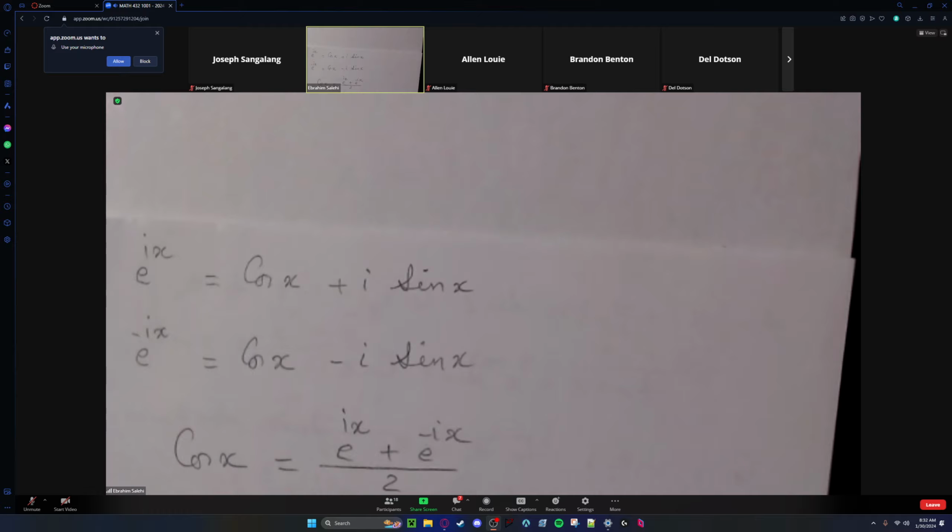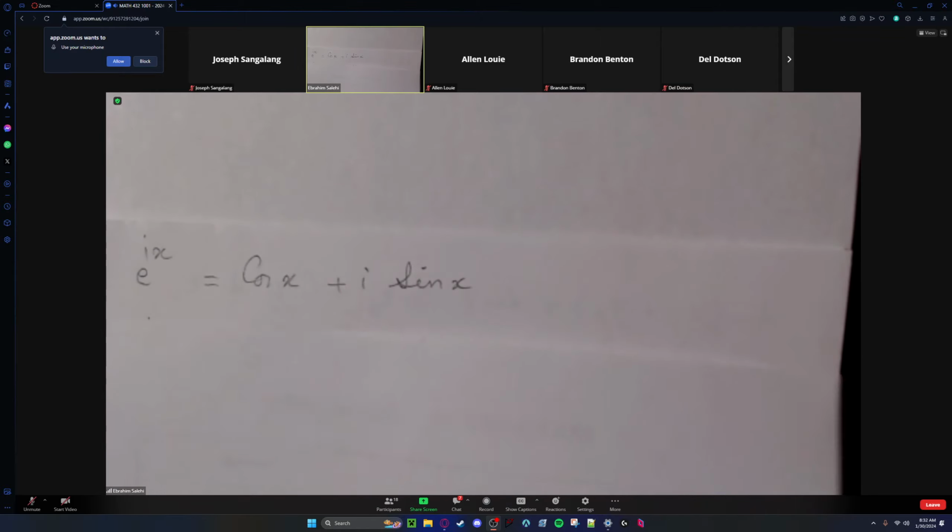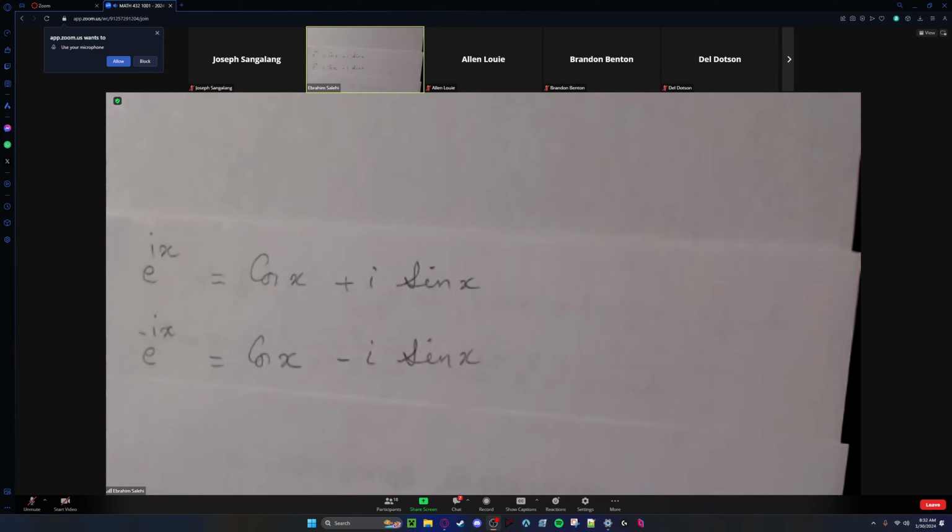Well, trig functions are not really something new. We talked about the exponential function earlier, and this is sort of Euler's identity, and we are going to use e to the ix to define sine x and cosine x.